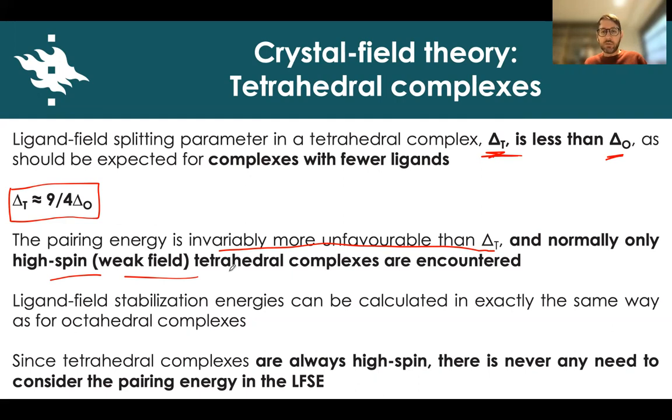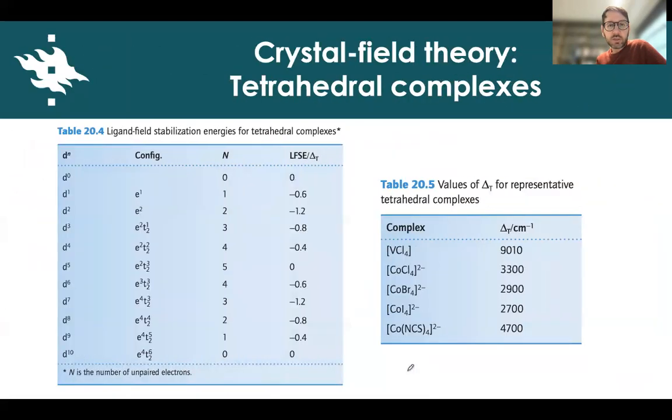And in this case, for this complex, we can also calculate the ligand field stabilization energies by the same approach that we described for the octahedral complex. And as we always have high spin cases, there is never a need to consider the pairing energy in the ligand field stabilization energy.